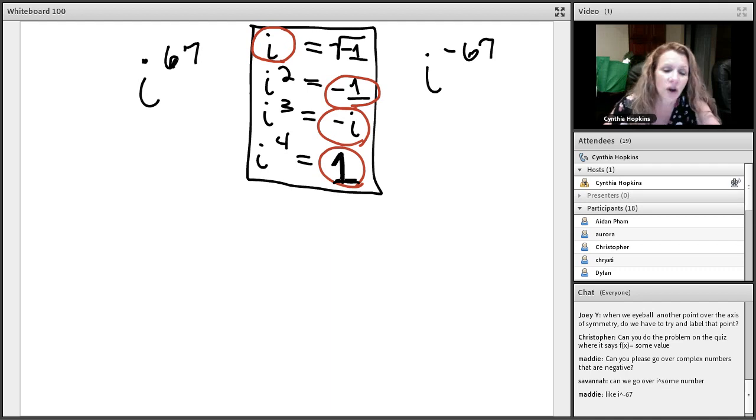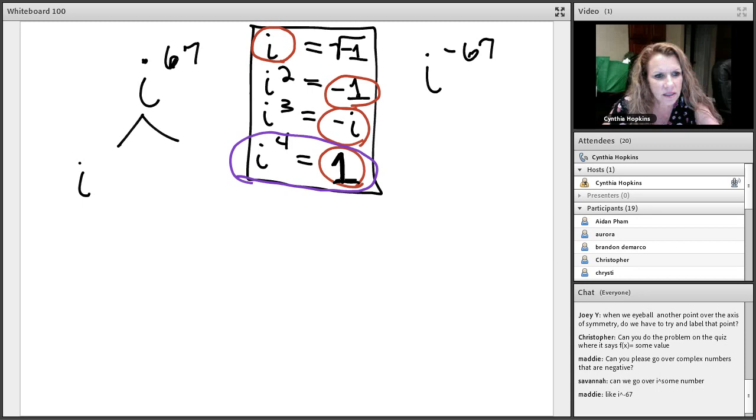Okay, so in order to simplify this i to the 67th power, I'm going to use this fourth equation, that i to the 4th equals 1, to try to get rid of as many i's as possible. So I'm going to split this up into i to the something power times i to the something power.